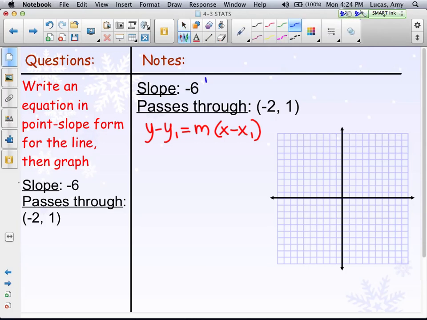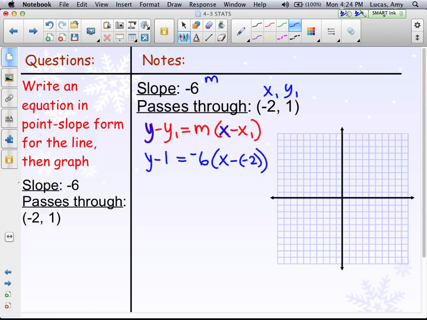Okay, my slope is m, and my x coordinate is x1, and my y coordinate, y1. Now I can plug these in. Remember, the first y and the first x stay in our equation. So y minus y1 is 1, my slope -6, x minus -2.